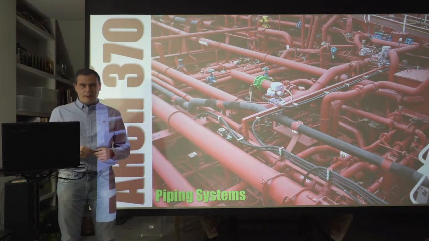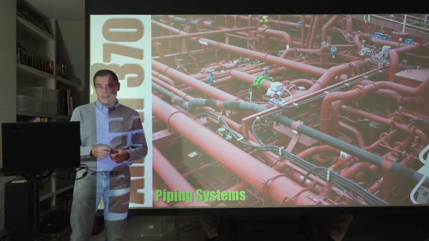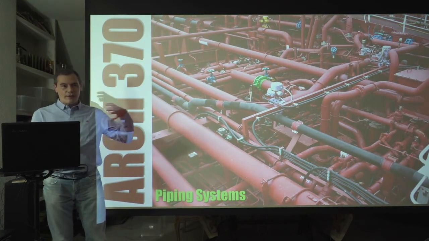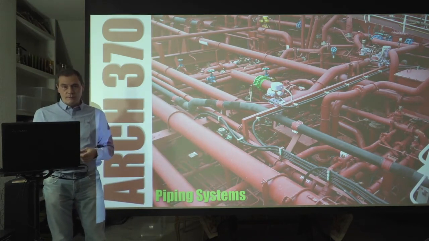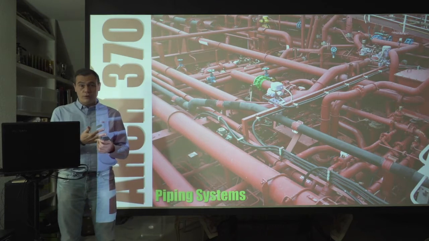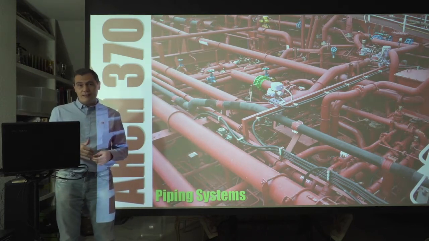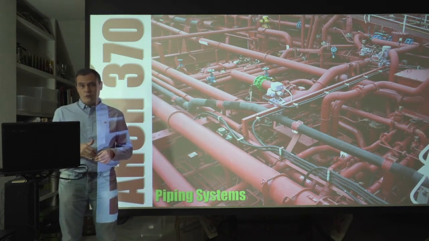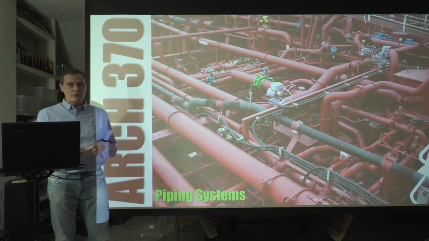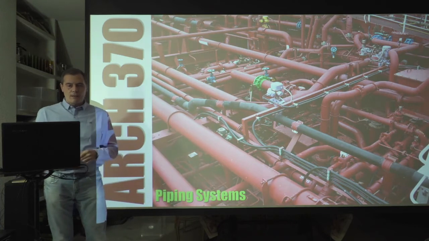The third part of this course will be about piping systems. So we need pipes. Usually we have ducts for air, we have pipes for water and other fluids. We have water in buildings. We have cold water. Most of our heating systems run on water, so we need hot water to heat up things with radiators, with radiant floors.